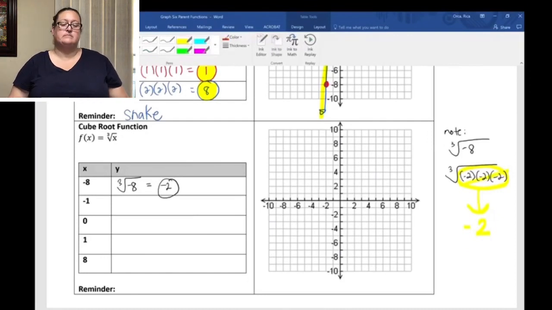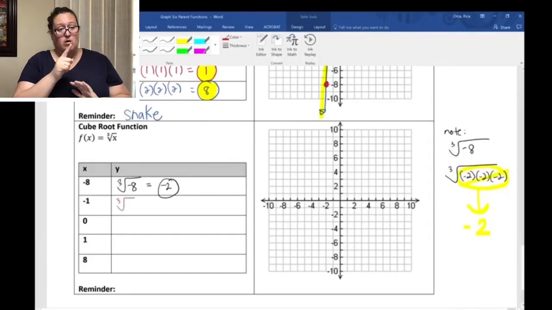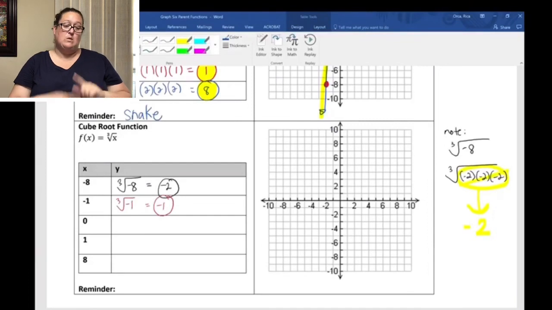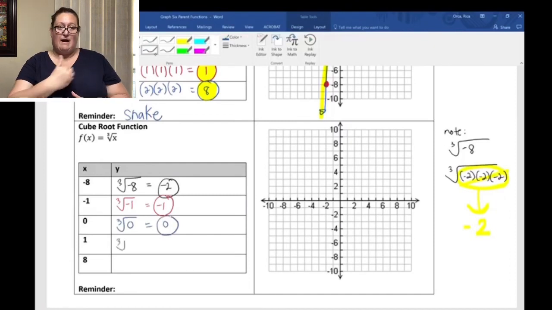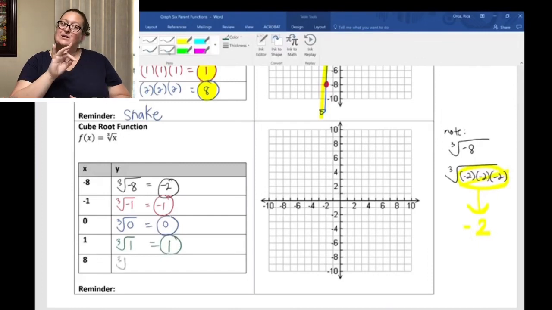Now we need to plug in -1. When x equals -1, we have the cube root of -1, which is -1. So when x equals 0, we have the cube root of 0, which is 0. When x equals 1, we have the cube root of 1, which is 1. And when x equals 8, we have the cube root of 8, which is 2.